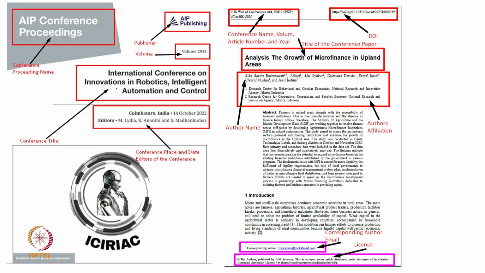Next, we have the example of a conference paper. A conference paper is a kind of article that is presented in some conference, symposium or seminar. On the left hand side, this is an example of a conference proceeding with key details like the conference name, the editors, dates and place.